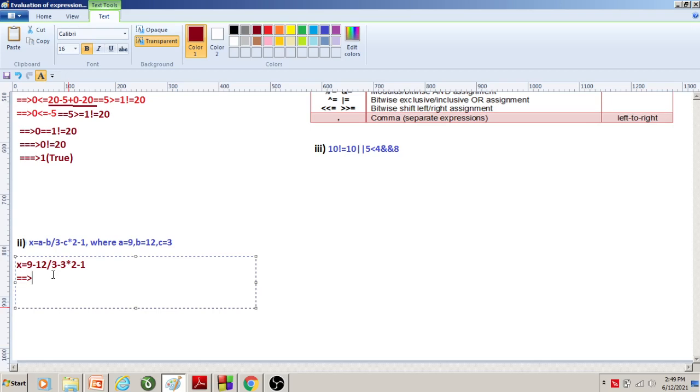Therefore we check its associativity, which is left to right. So 9 minus, 12 divided by 3 equal to 4, minus 3 into 2 equal to 6, minus 1.